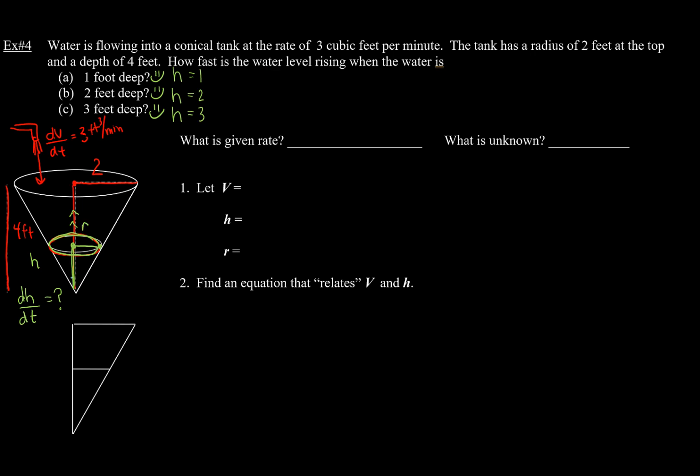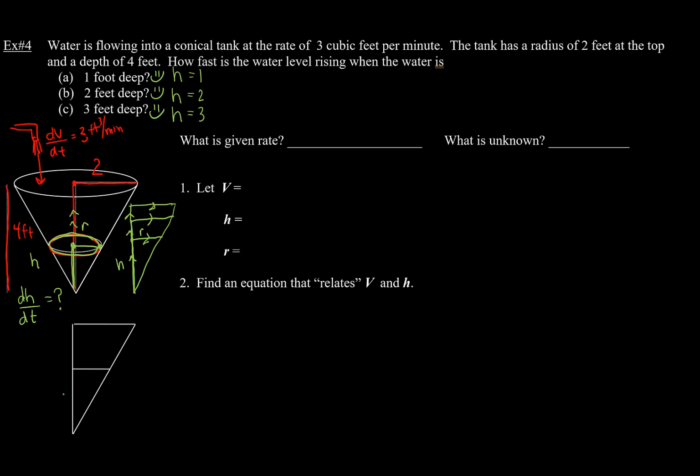Here's my R. Notice as I get taller and taller with the water, my radius will get bigger, right? So if I were to draw this in two dimensions, here's my H, here's my R as the water goes up and up. Now R is getting larger and larger, so I may need to worry about the dr/dt, but let's find out for a second.